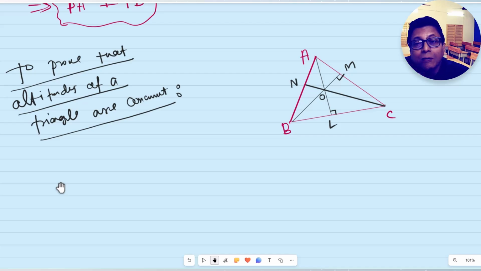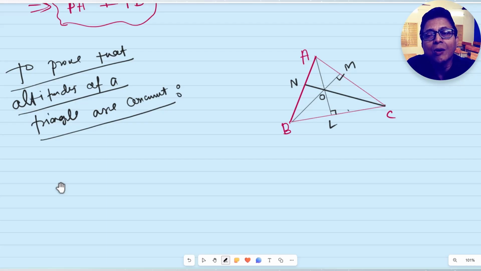This is a mixed problem of geometry and trigonometry. I'm still applying the dot product, the way we did in proving the cosine rule or projection formula. We'll apply the same technique, so both concepts are required.